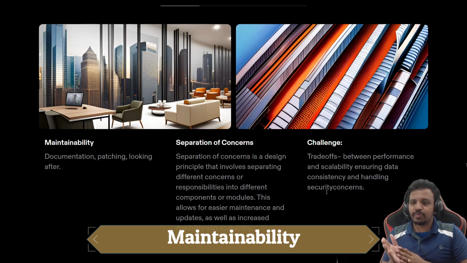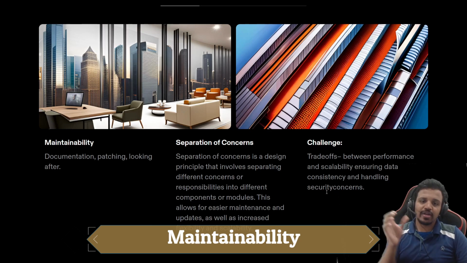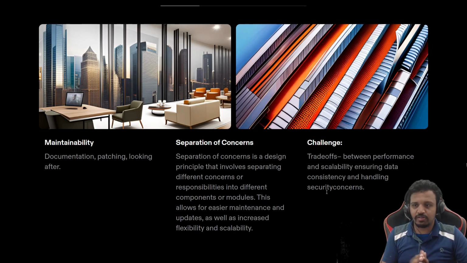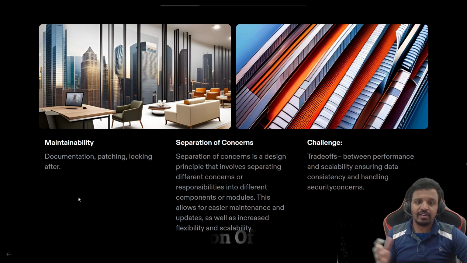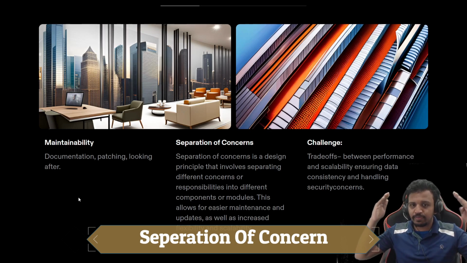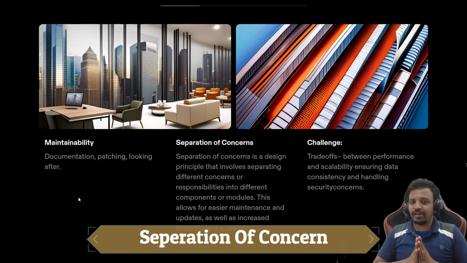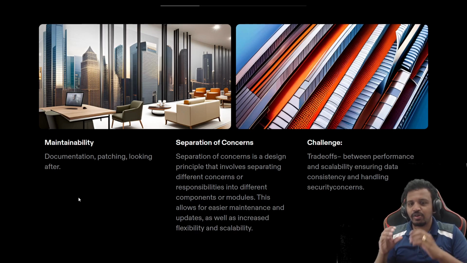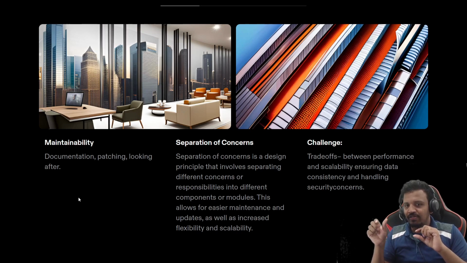Okay, so what is maintainability? I think we have already discussed this as part of the definition, but it is the same thing as one of the pillars of the design principles. Next, and the final design principle, is separation of concerns. So what is separation of concerns? As per the definition that we saw initially, there were components, modules, interfaces, architecture.